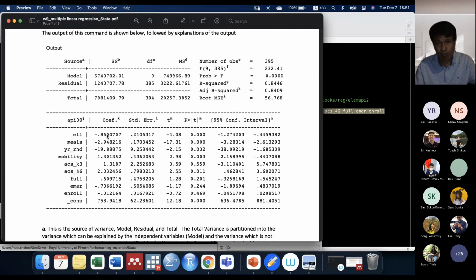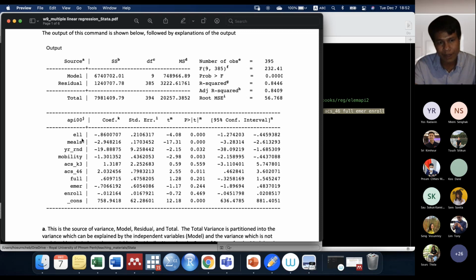Teacher, can you interpret again the coefficient? All right. So for the coefficient here, first, remember how we interpret in multiple linear regression: a one unit increase in the independent variable affects the dependent variable by the coefficient.